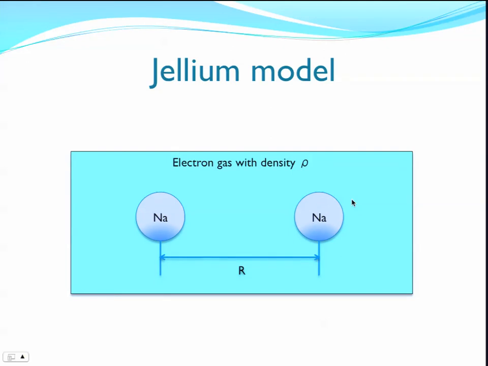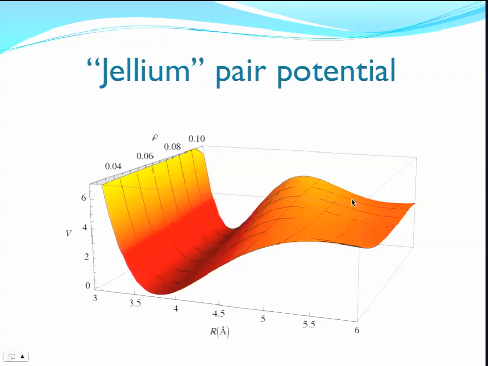We can vary two parameters in this model. The first parameter is the distance between the atoms, and the second parameter is the density of the electron gas. By calculating ab initio energies for this model, we obtained this Khaliullin pair potential that has the following form.